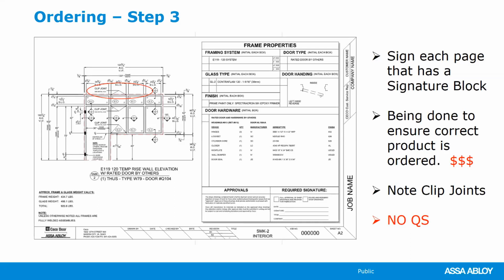So that's the reason we want to be absolutely sure that what is going to be manufactured is actually what the customer or end user wants. So that's the reason for the signature. If you look at it, all the information is there.